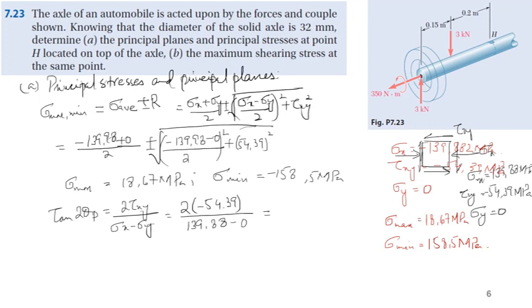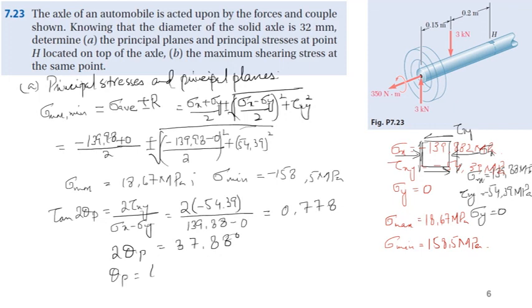So this will give us the value of 0.7778, or 2 theta p will be equal to 37.88 degrees, so theta p. So there will be two orthogonal angles.